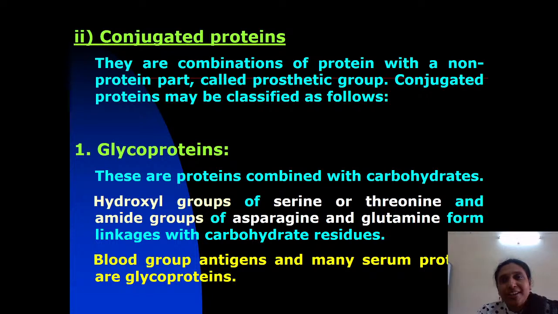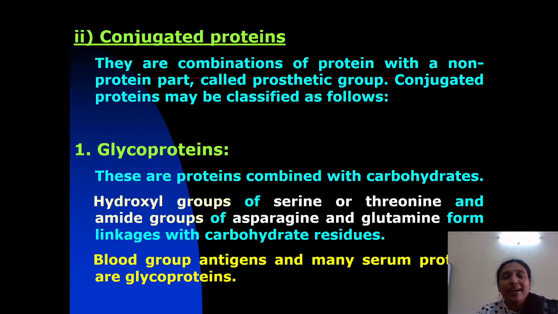Try to differentiate glycoprotein and proteoglycans. Glycoprotein means protein in combination with carbohydrate. Proteoglycans means proteins in combination with carbohydrate only. Then how do you differentiate glycoprotein and proteoglycan? Based on the carbohydrate content.